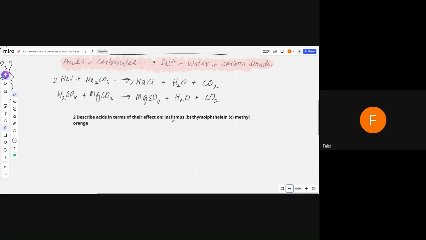So let's take a look at litmus first. So litmus, it is available in aqueous solution form. It is a liquid. It can exist in a liquid state, right? And more commonly, it is also marketed as a paper. Like it is converted into a solid chemical which is applied on a paper.